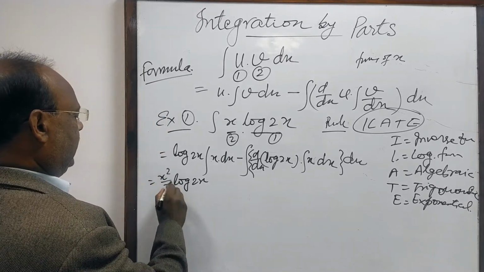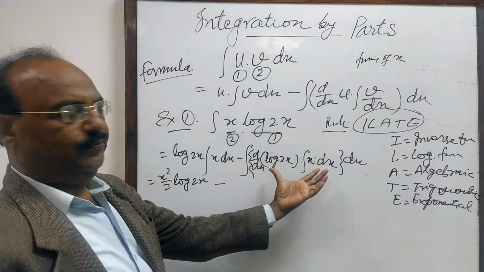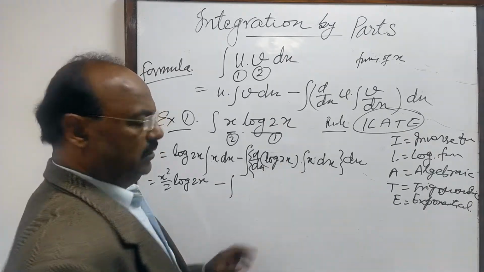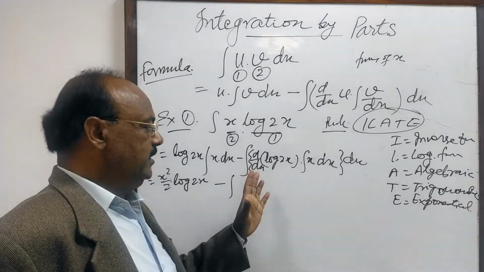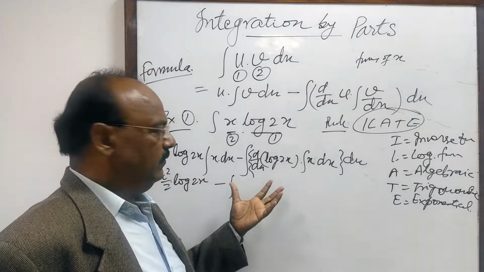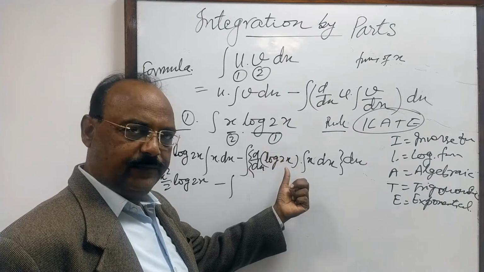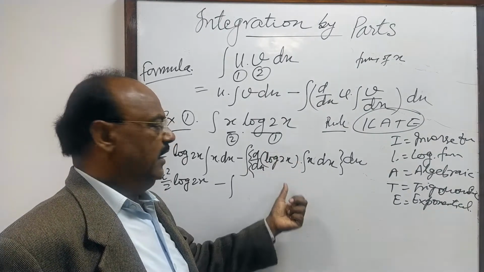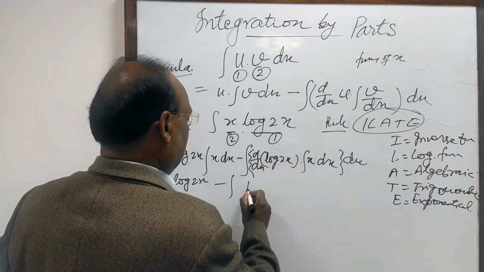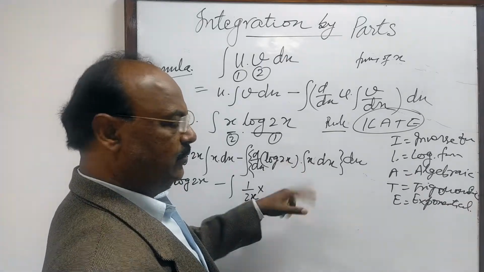This is log of 2x, and the integral of x is x square by 2. So let us write it on the left hand side: x square by 2 into log of 2x, minus the integral of the derivative of log 2x. We use function of function, which we have already discussed in the chapter of differentiation. First of all, log of 2x will be differentiated with respect to 2x, which will be 1 by 2x, and again 2x will be differentiated with respect to x, that is 2.